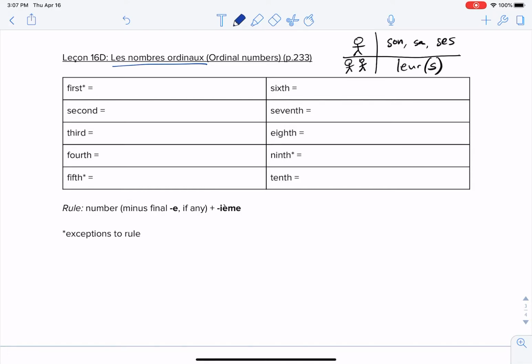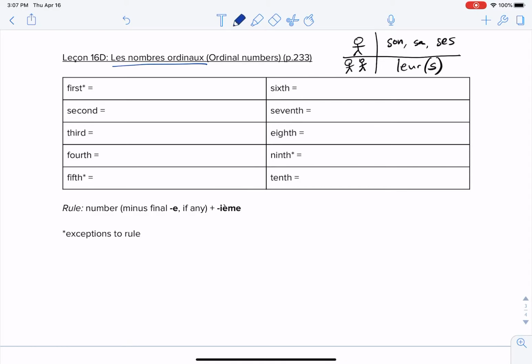Look at these words. First, second, third, fourth, fifth, sixth, seventh, eighth, etc. What's the pattern here? Most of them begin with the number itself, and then we add the suffix th. So for example, 7, we add th to get 7th. 6 becomes 6th, which is a very difficult word for non-native English speakers to say.